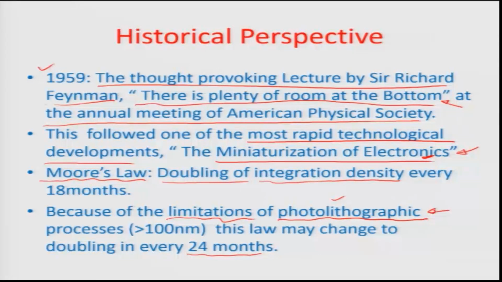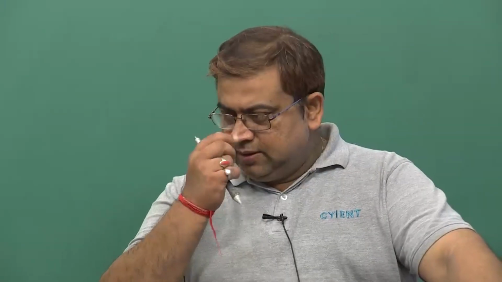So, this law has now changed to a level which says that the doubling can take place almost every 2 years. So, there is a definite fallout in the technology advancement because of this constraint which has been added on to the system, about the rate at which the miniaturization density must happen, or may happen, because of limitations of the technology.